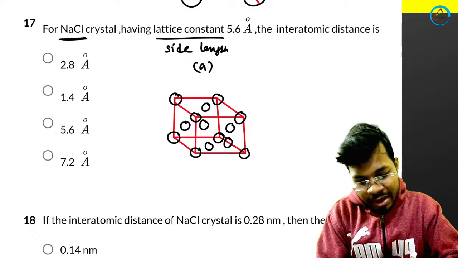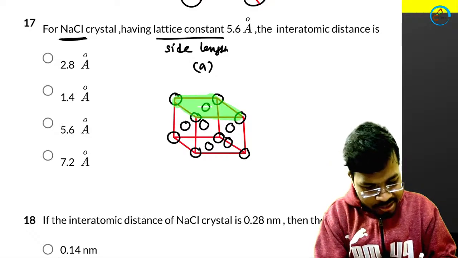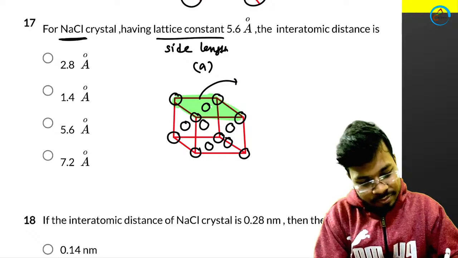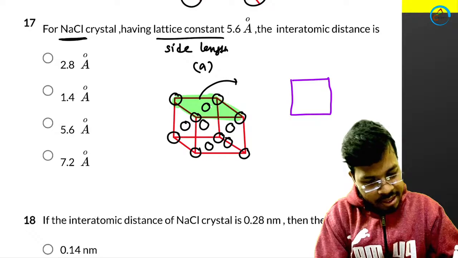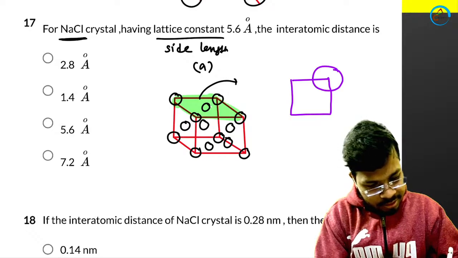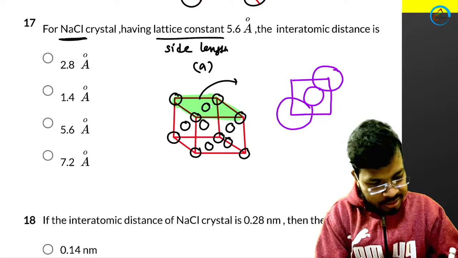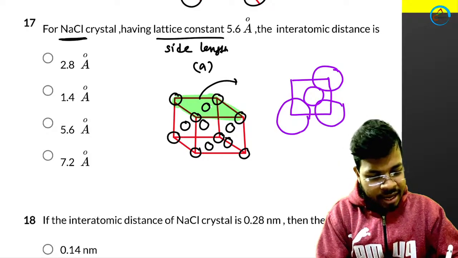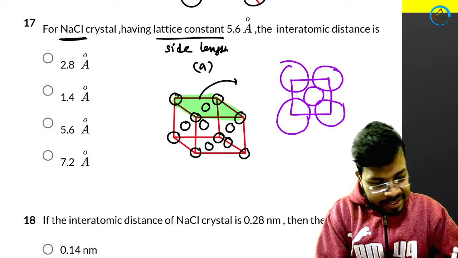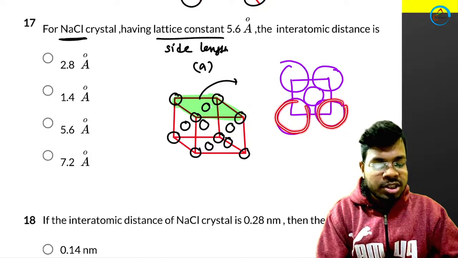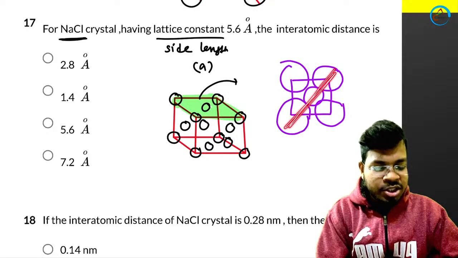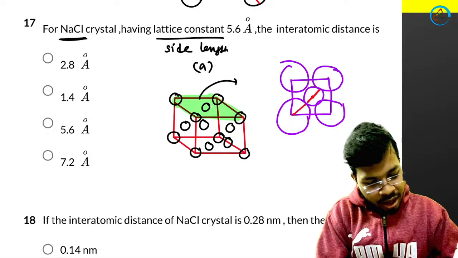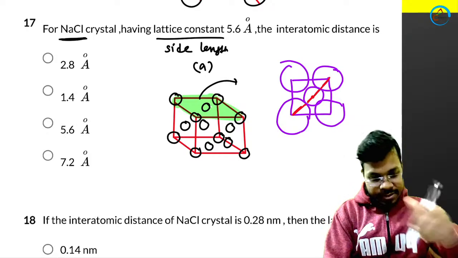If I show you only one face, it looks like this. These lattice points don't touch each other, but the ones along the diagonal are touching each other.